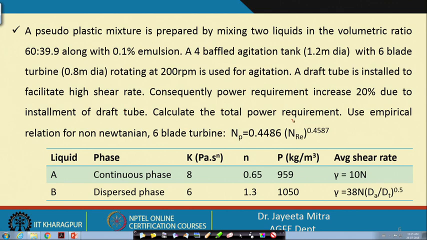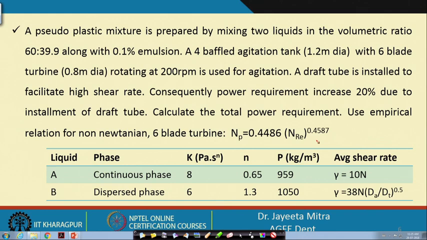Calculate the total power requirement and use the empirical relation for non-Newtonian 6 blade turbine, where the power number is related with this equation: 0.4486 NRe to the power 0.4587. Okay.